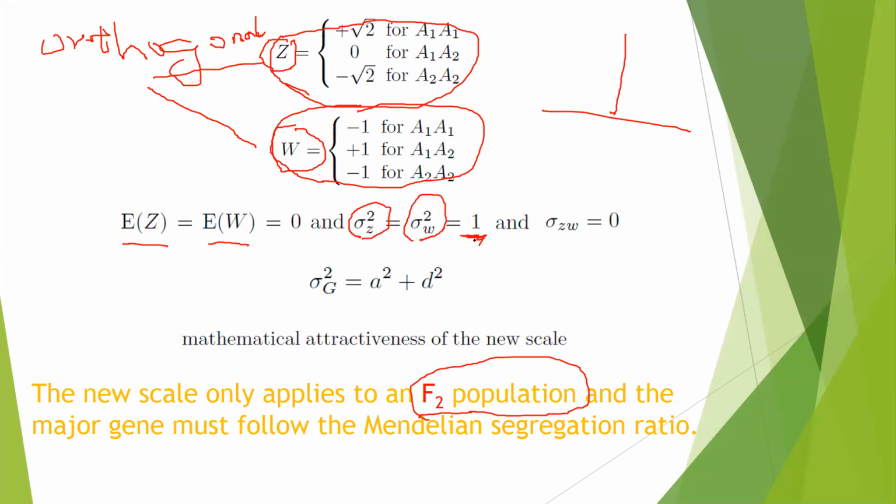If you use this way to design your z and w variables, you can get this. Probably this is a good question that I can put on the exam. So please show me this for an F2 population. This is only true for the F2 population because of what? Because of the beautiful ratio. The ratio of the three genotypes in this F2 population equals 1/4 versus 1/2 versus 1/4.